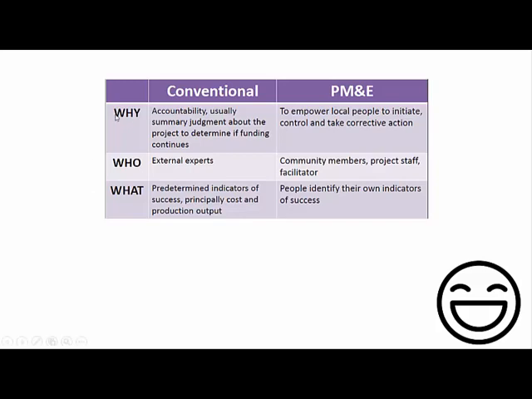But if you look at what we are measuring, you find that under conventional, they'll have predetermined indicators of success, principally cost and production output. These predetermined indicators have obviously been set by people at the top. And that's where there's a huge, huge problem, guys.